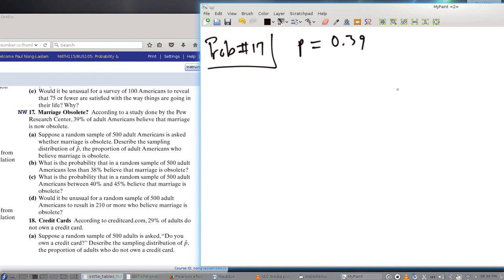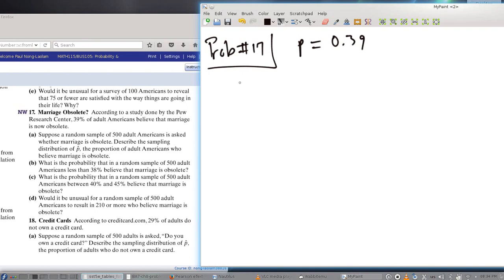Then question A asks us, suppose a random sample of 500 adult Americans is asked whether marriage is obsolete. Describe the sampling distribution of the sample proportion, basically the proportion of adult Americans who believe that marriage is now obsolete.